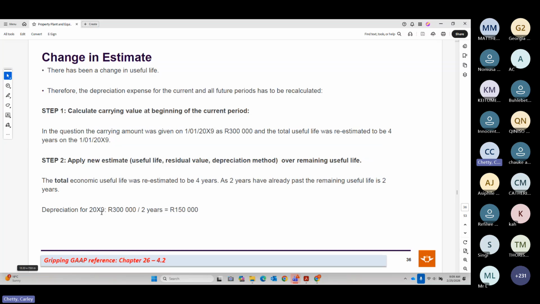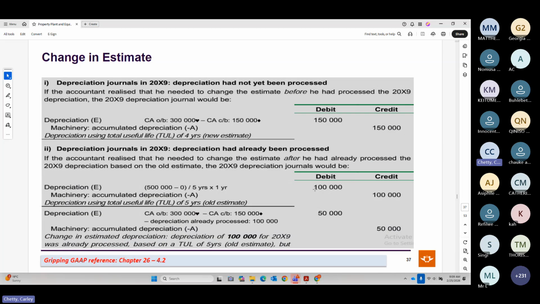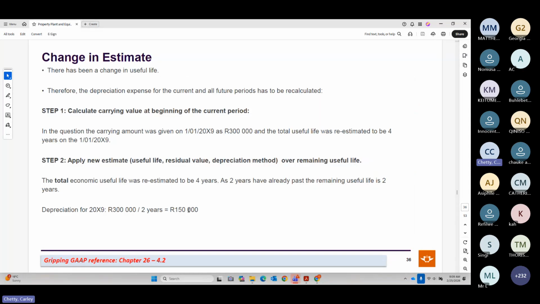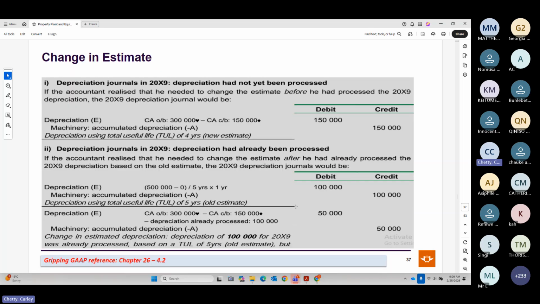However, based on the new estimate, the depreciation should be 150,000, but the accountant has only recorded 100,000. So based on the new estimate, we need to record a further depreciation journal of 50,000 Rand, which is the difference between what the accountant has already processed and what the depreciation should be now.